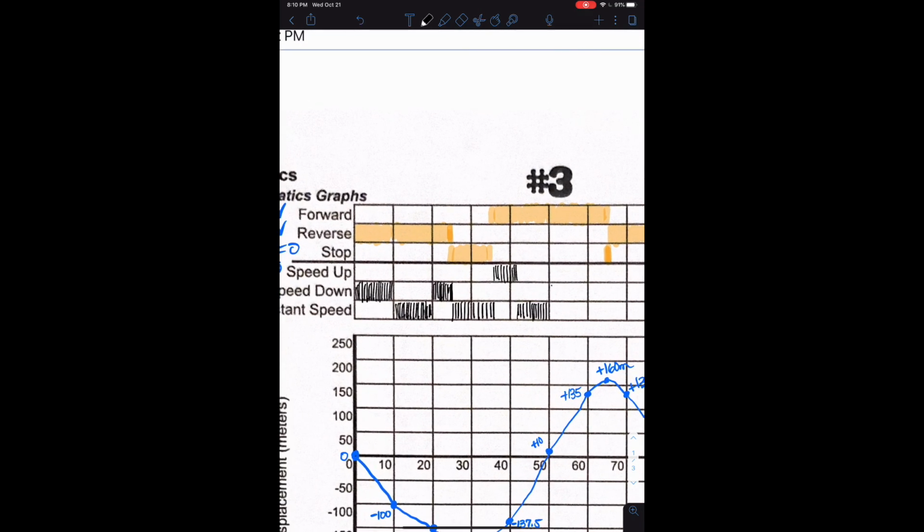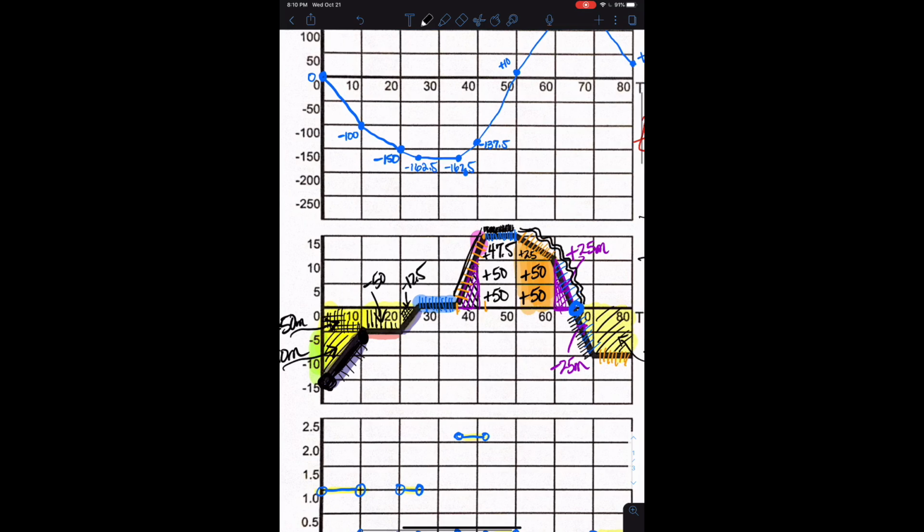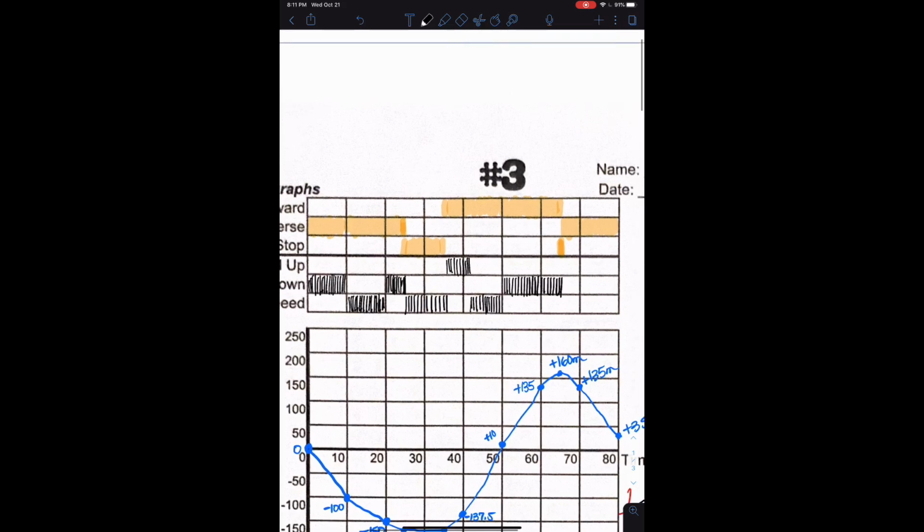So from 50 to 65, about right there. We're slowing down. And then from 65 to 70, right here, we're speeding up. So 65 to 70.